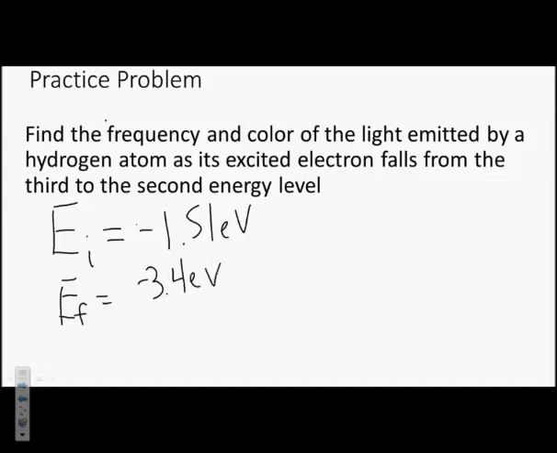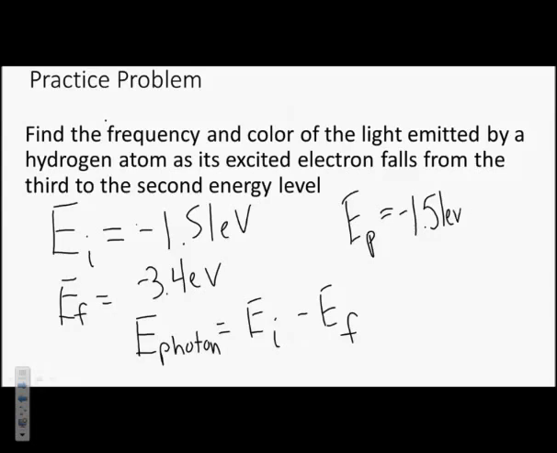Our equation is E photon is equal to our E initial minus our E final. So if we sub that in, I'm just going to abbreviate a little bit. And we have to remember to put the smaller number first. First off, because it's falling, and because we have negative numbers, we want to end up with a positive energy. Okay. So if we do that out, you end up with 1.89 eV. Okay. So that's the first step of getting the eV.